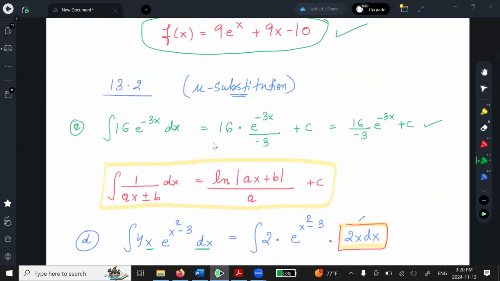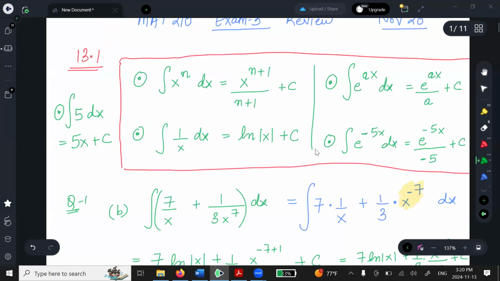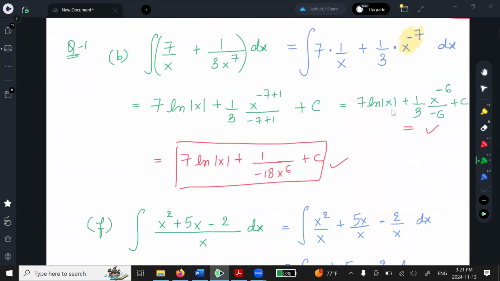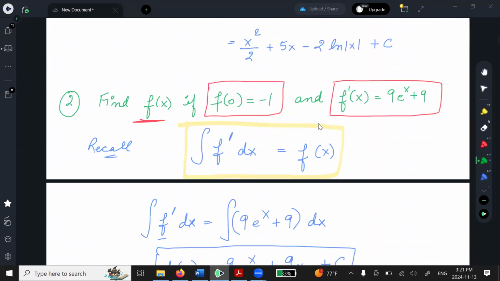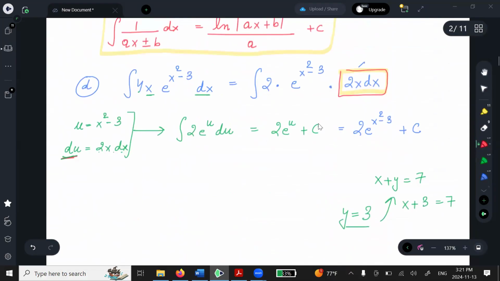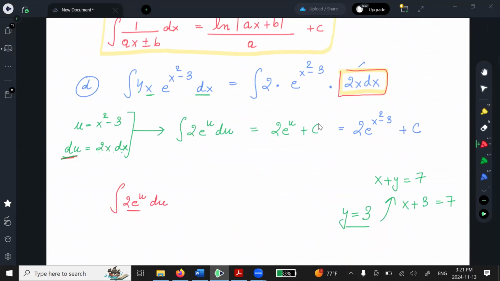Oh, that's the integral formula, right? Every time you apply the formula, you get rid of the dx. I didn't get rid of the du, I integrated 2e^u du. What is the formula for integration of e^u? Well, that's just that, right? But then you don't write it again, then you're done.